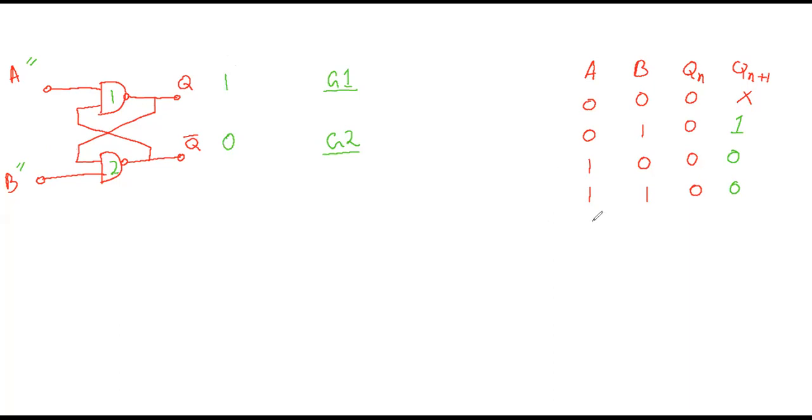So now the 4 sets of input will be again 0 0, 0 1, 1 0, 1 1. And you check, my previous output is, I am assuming, 1 in all the 4 cases.